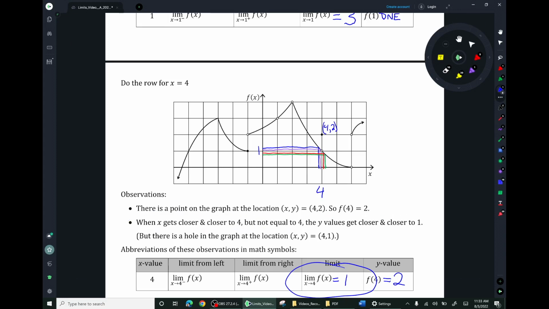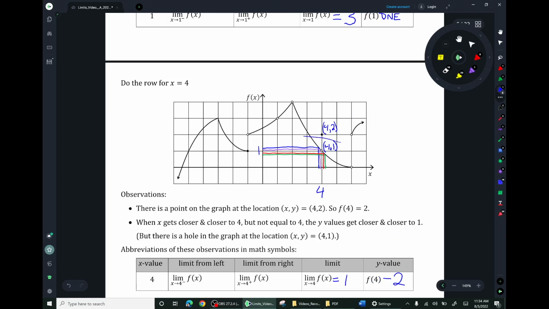Again, notice that there is no point on the graph at that location. That's kind of a surprise, so we call that a hole. We say there's a hole in the graph at 4, 1. So in terms of the symbols, we see that this point with x-coordinate 4 and y-coordinate 2 is reflected in this symbol. There's the x value and there's the y value for that point.